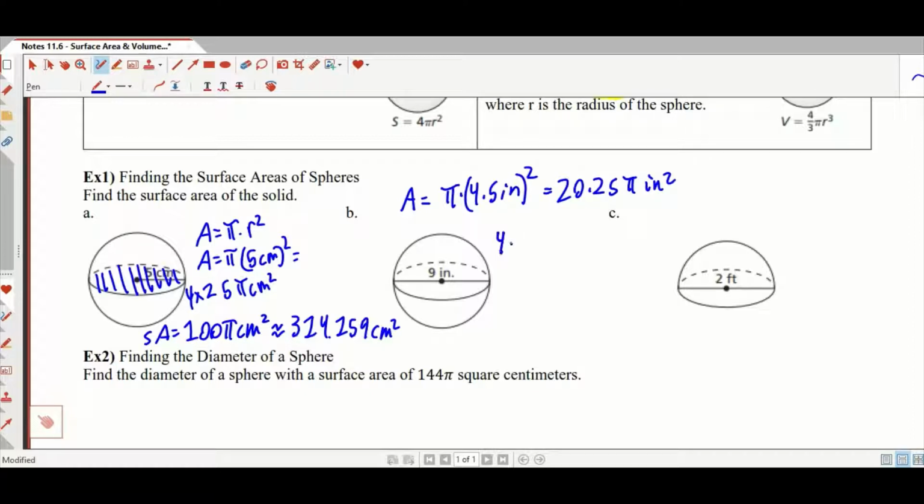But 4 of those are what fit around our sphere. So we do 4 times 20.25 to get 81 pi inches squared. That is our surface area, which is approximately, multiplied by pi, 254.469 inches squared.